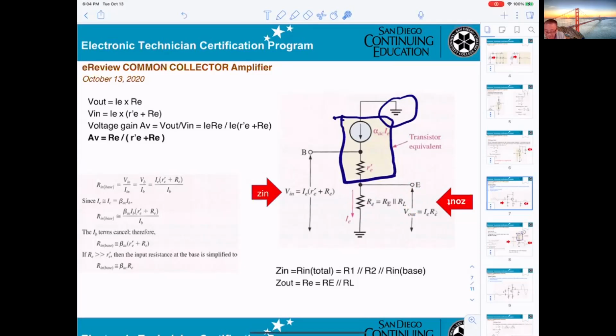Okay, so if you're looking for output impedance, that means you're looking from here into the output of the amplifier. What does output impedance equal?